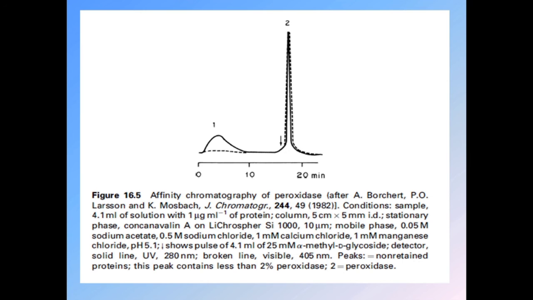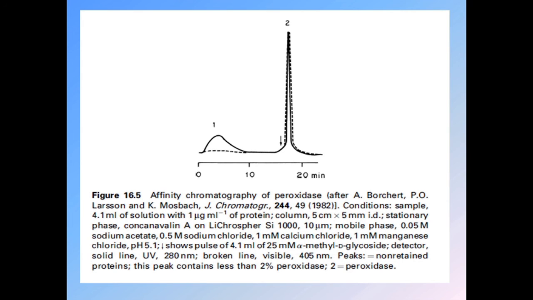It is often referred to as a pseudo-affinity ligand because it is a synthetic triazine dye and not a naturally occurring biomolecule. This greatly reduces the activity of the eluted enzyme in most cases. One advantage of Cibacron blue is its low price.